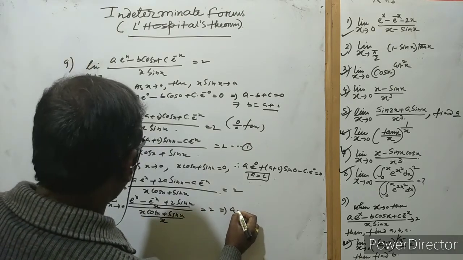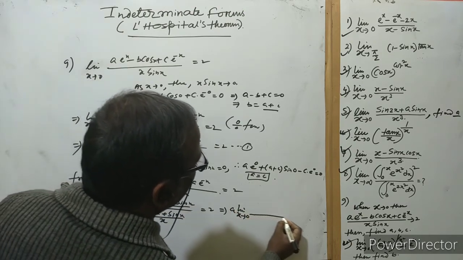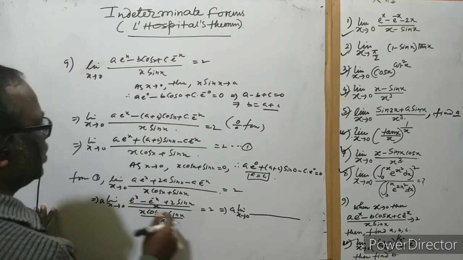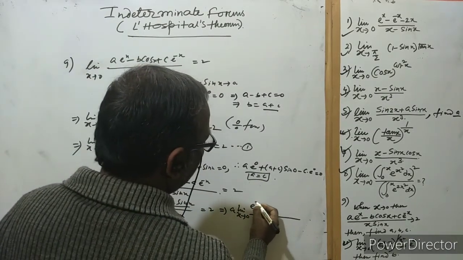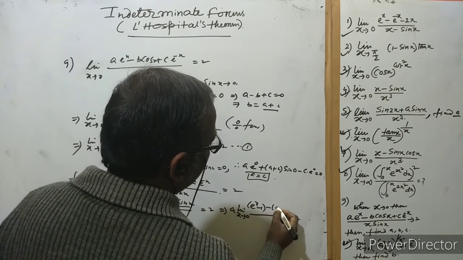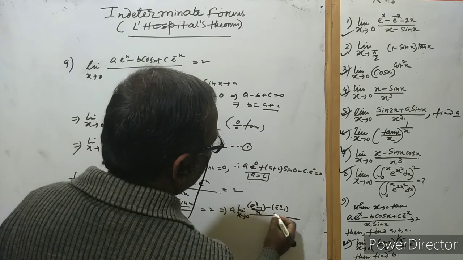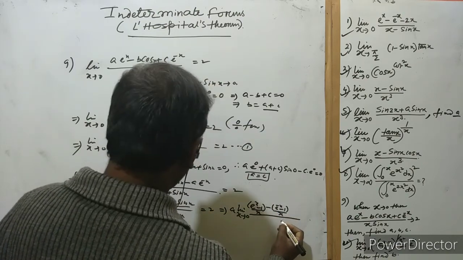So a into limit x tends to 0. This is e to the power x minus x. So you can write here e to the power x minus 1, so minus e to the power minus x minus 1. This is here by x, this is also by x.